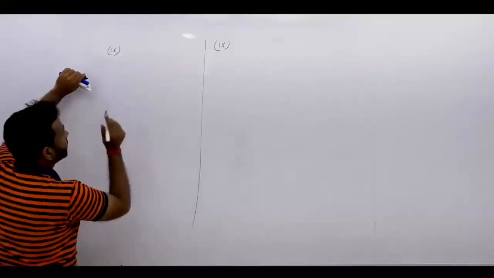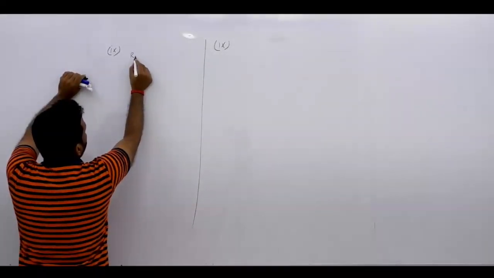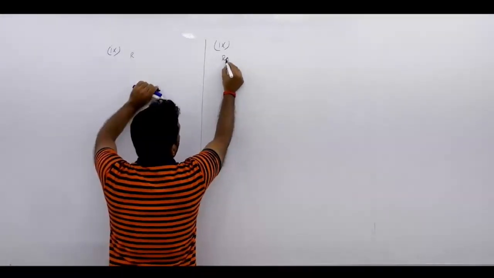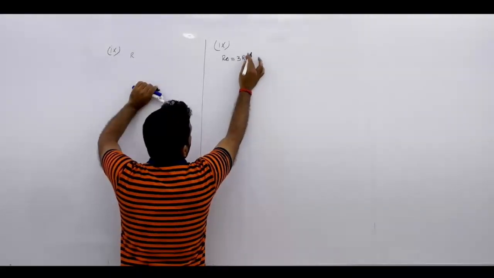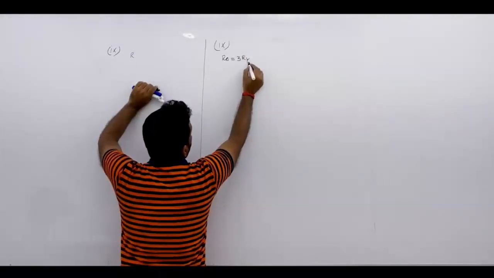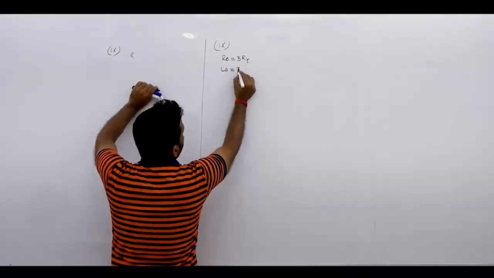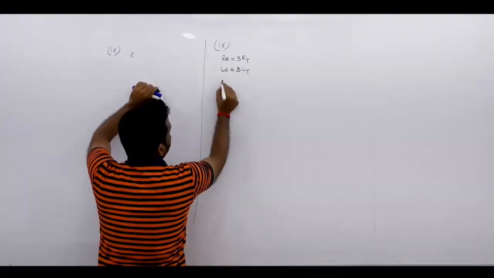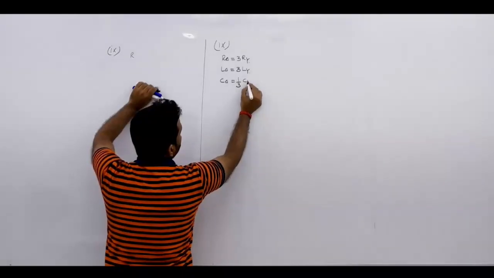Now resistance in delta is equal to 3 times of star. Similarly, inductor in delta is 3 times of L star, but the C in delta is 1/3 times of C star.